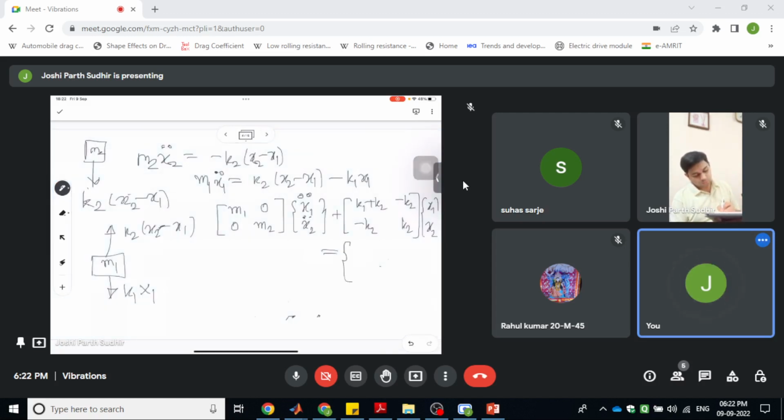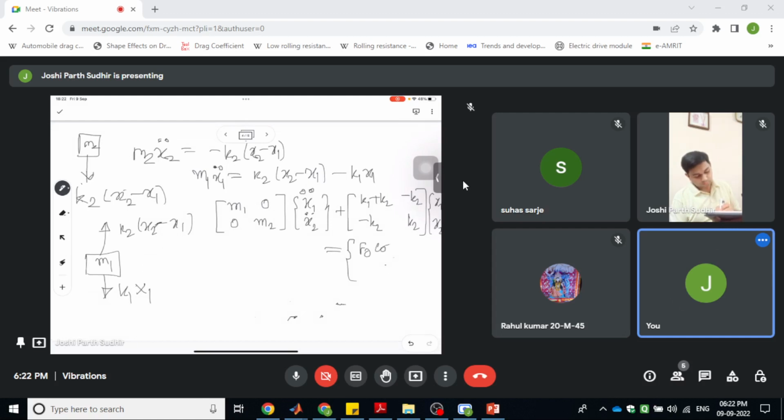So we get this equation in this form: M x double dot plus K x is equal to f, where x is a vector and f is the force vector.